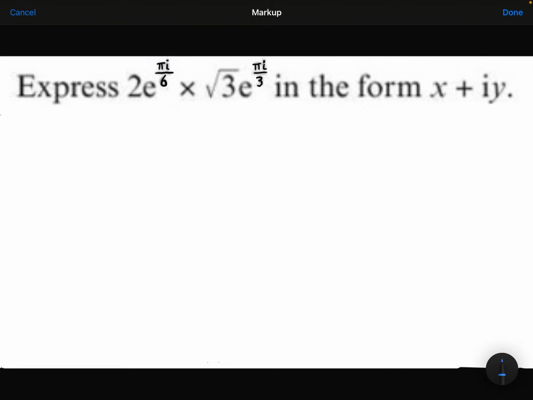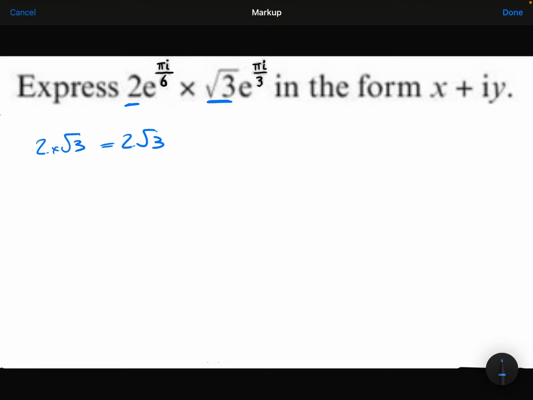So we've got our two complex numbers here. We've got 2e to the pi i over 6 multiplied by root 3 e to the pi i over 3. And we want to write it in x plus iy form. So I'm just simply going to multiply the two moduli together. So 2 times root 3 will just be 2 root 3. And then I'm going to add the two arguments together.